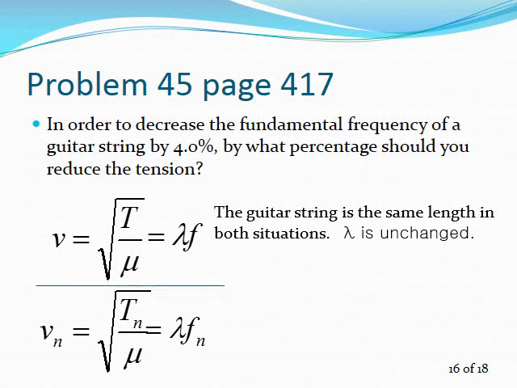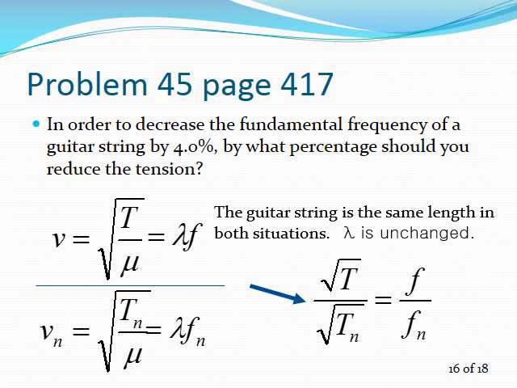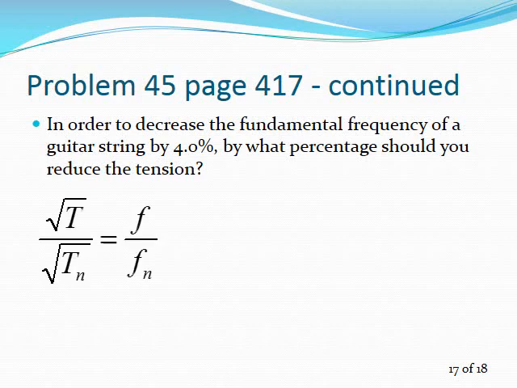Well, if I divide both equations, several unknowns disappear. The lambdas will cancel, and the mass per unit lengths will cancel. Now I have the frequency depending on the square roots of the tensions in the string.